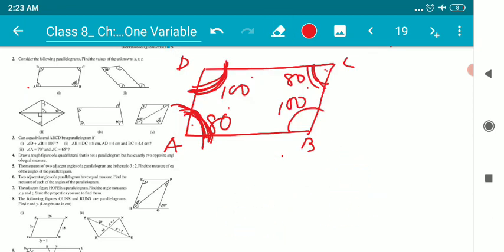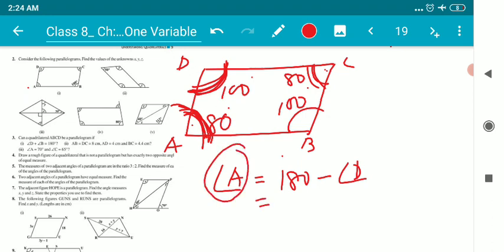All right. So children, how to find the measure of angle A? We will write the measure of angle A in this way: 180 minus angle D, or we could have taken angle B also, because both B and D are adjacent to angle A. So it doesn't matter whether you take angle D or angle B, both are the same.